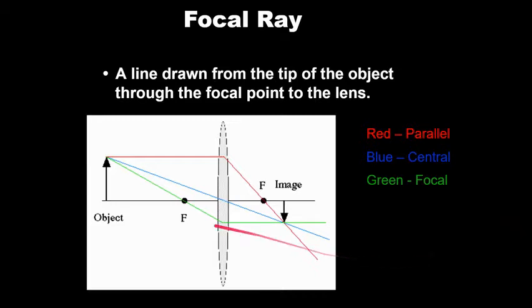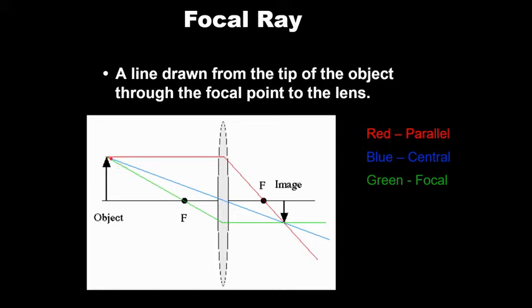So the focal ray begins at the top of the object, and it passes through the focal point on the left side of the lens. We know a parallel ray will converge to the focal point on the right side, but we use the focal point on the left side to help us draw the focal ray.